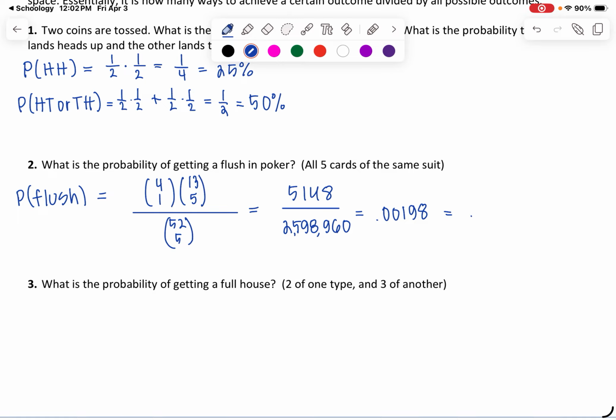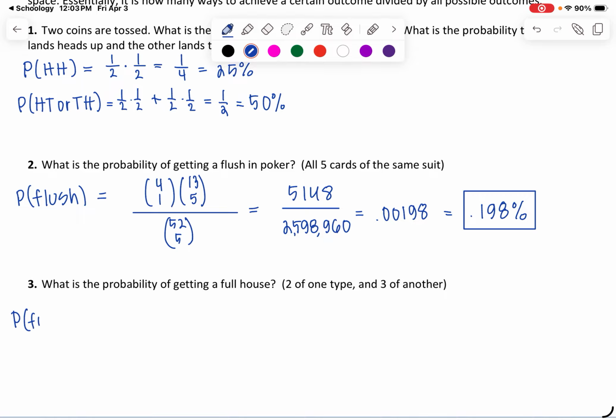So it's 0.198%. Even though there are over 5,000 different ways to get a flush, the probability of getting a flush in a 5-card poker hand is less than 1%. It's 0.198%.